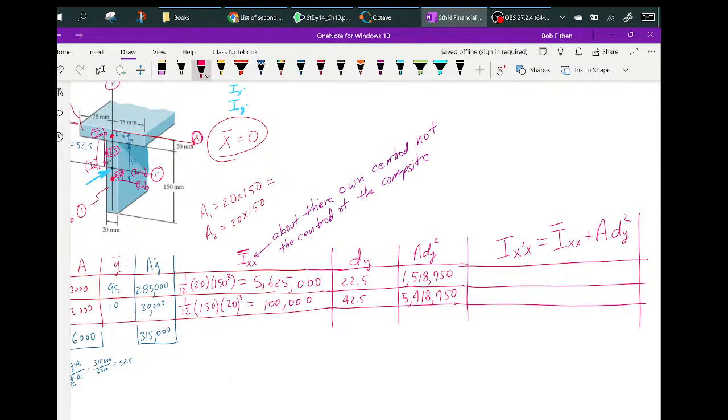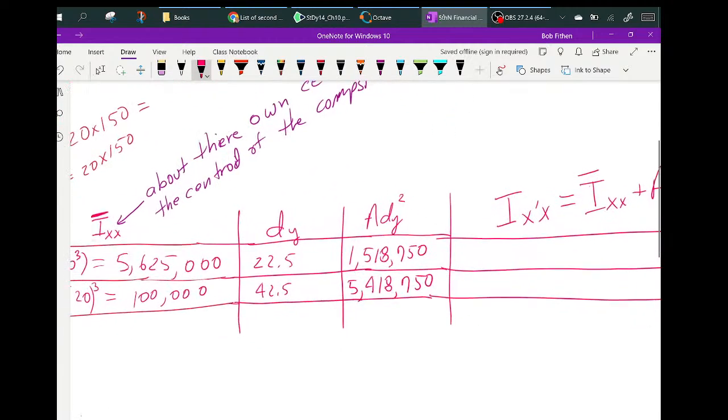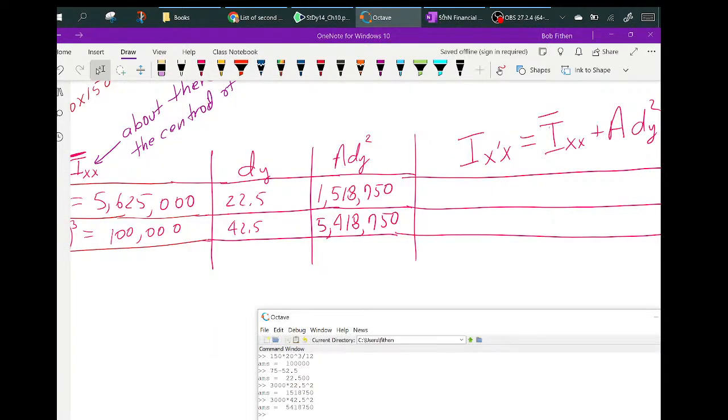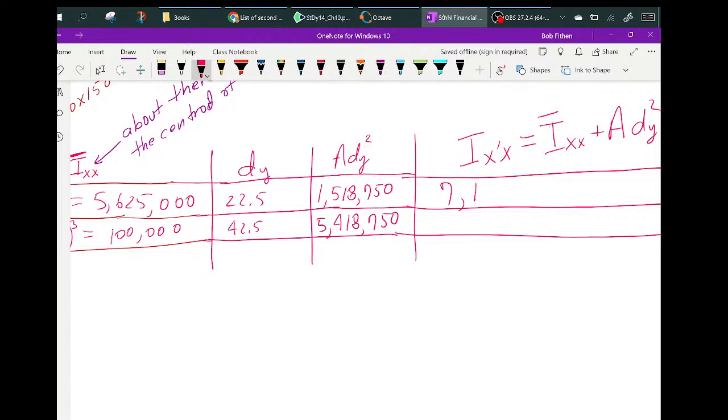Okay. So zoom it in to the point where I can just put it right there. Go back. 5,625,000 plus 1,518,750 gets me 143,750. Again, I'll do this.